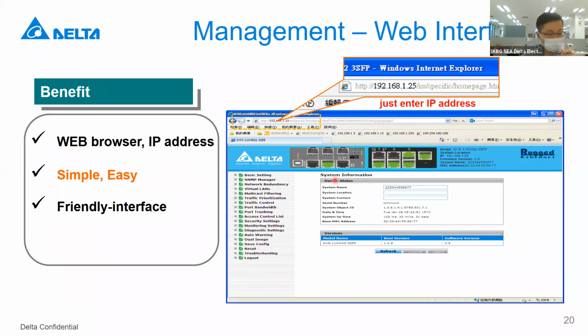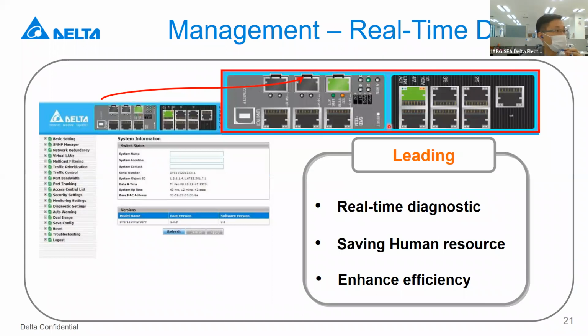And you also see the next page. Okay, and also you can see the real-time status and Ethernet real-time diagnostics, and save your time going to the site to check. You can check the situation remotely.